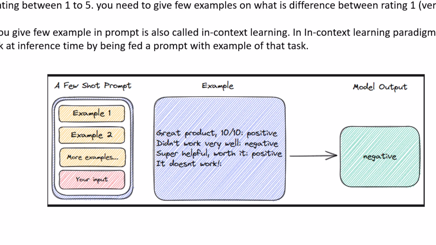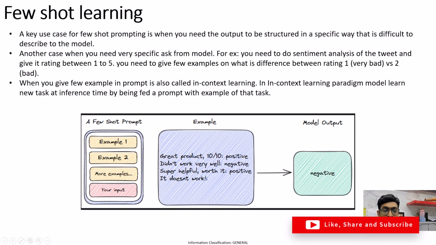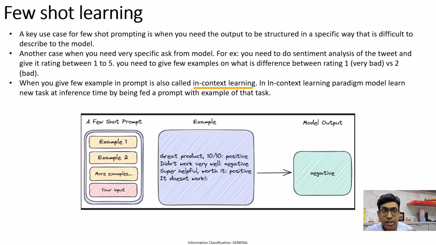You are giving both input and output to a model and you are giving couple of examples and then you ask your product review and you expect an answer from a model. This is also called as in context learning. In context learning, you give few example tasks to a model and the model learns those tasks at an inference time.